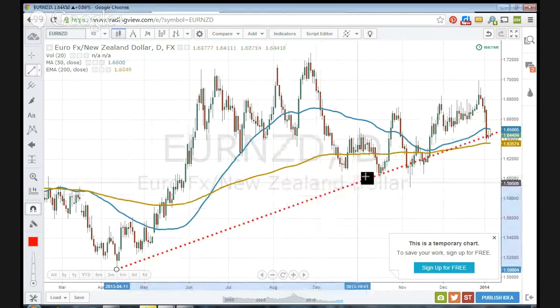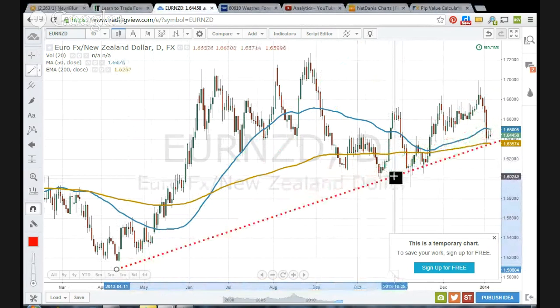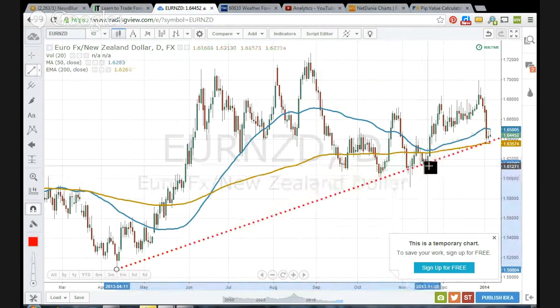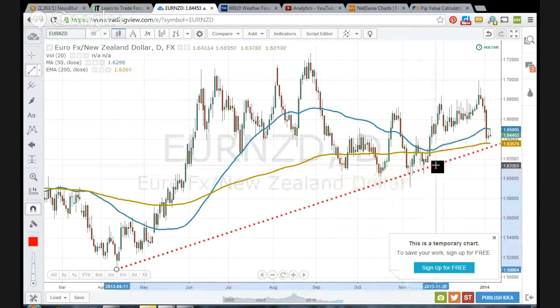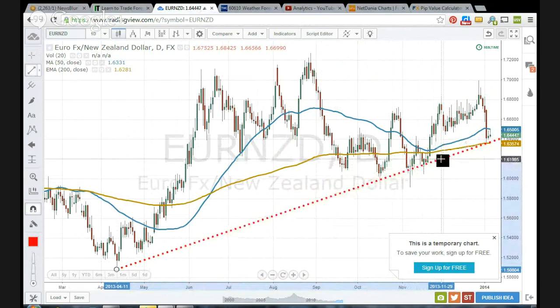You could draw an upward sloping trend line like this. That I think is a fairly legitimate trend line that's been tested 3 times. Here's a starting point.